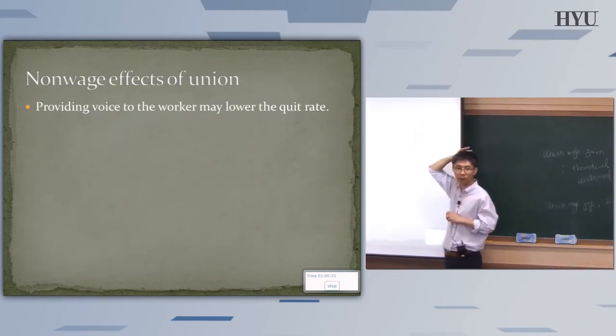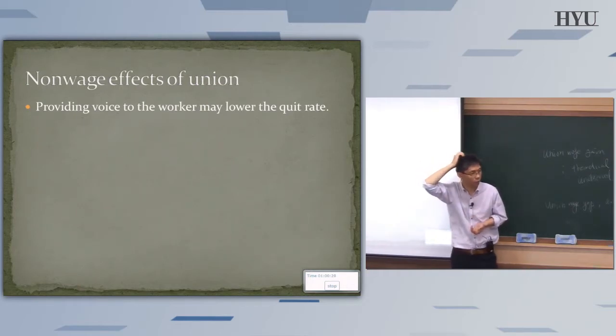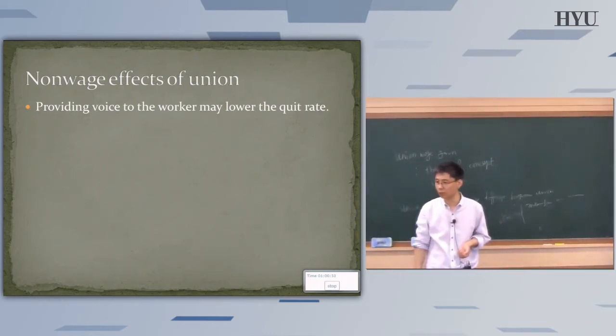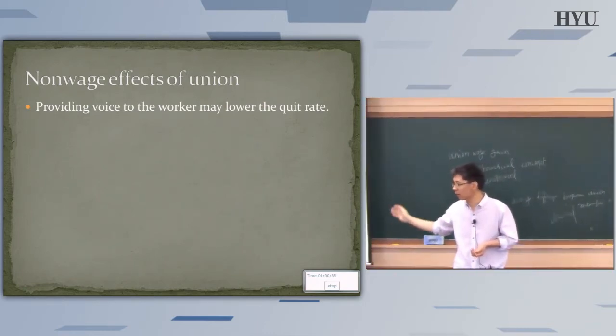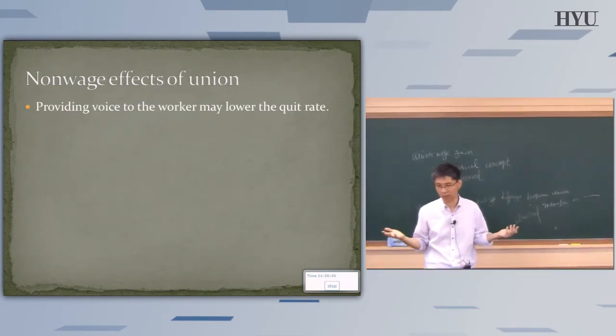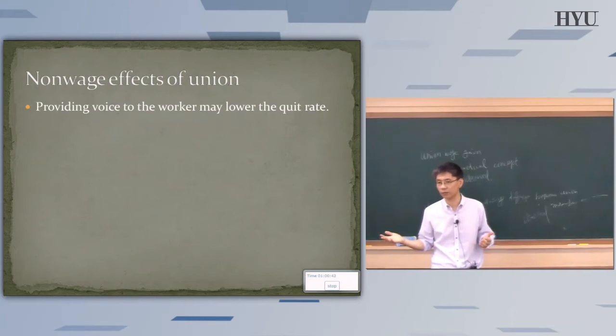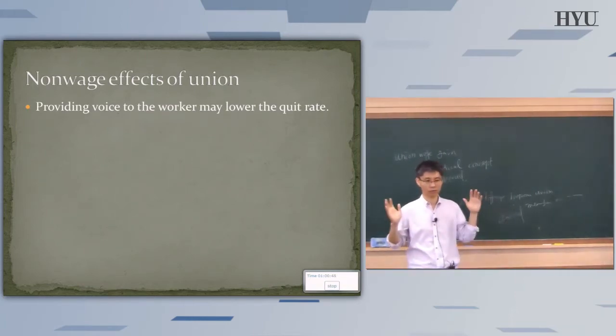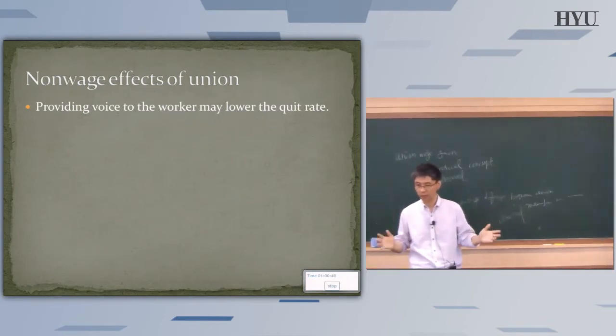Because if you have a complaint, there is no way of correcting this problem in this company since you are alone. The only thing you can do is to quit this job and go somewhere else, right? But if you have a union, you can actually correct this, and then you don't have to leave. You can try to change while keeping your job in this company.